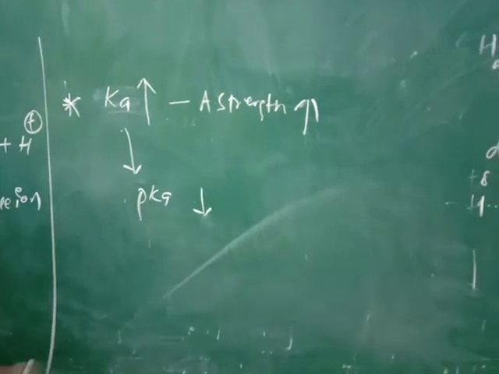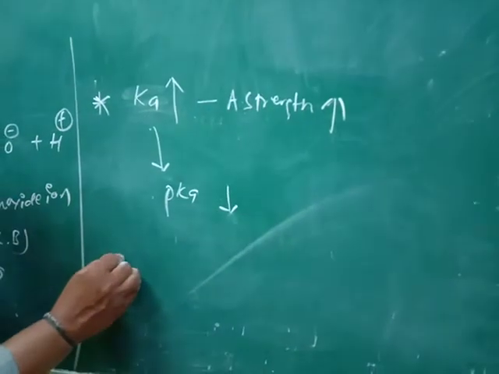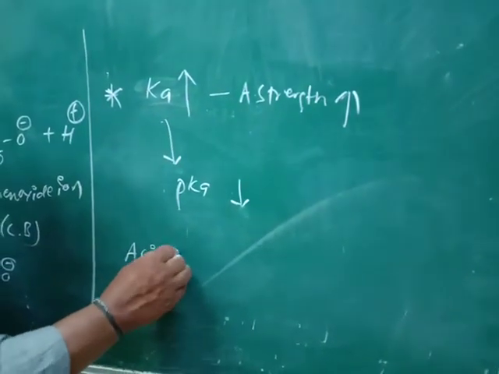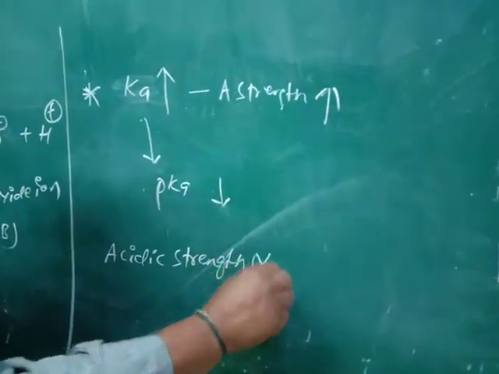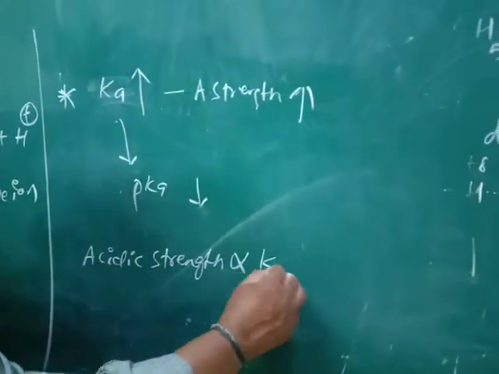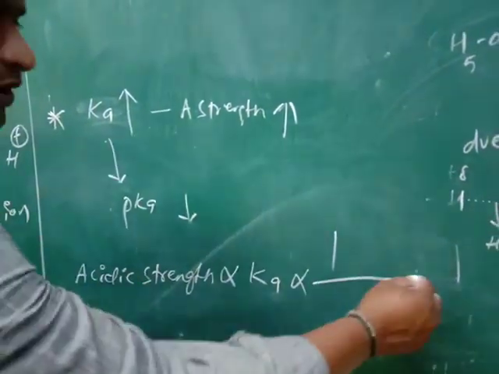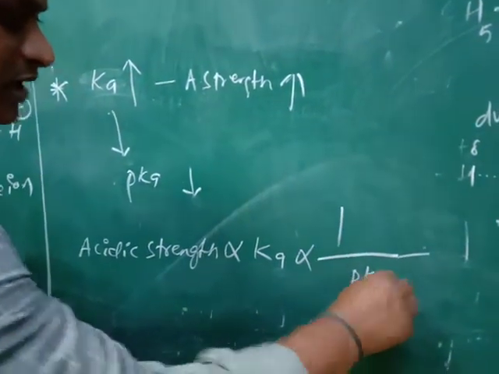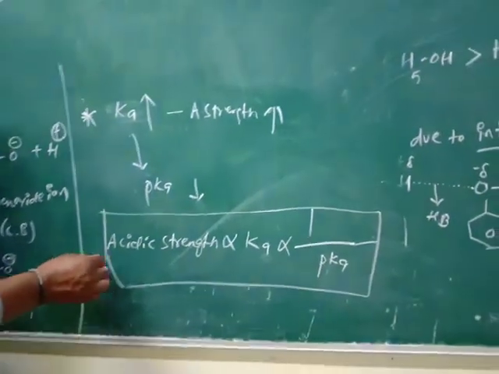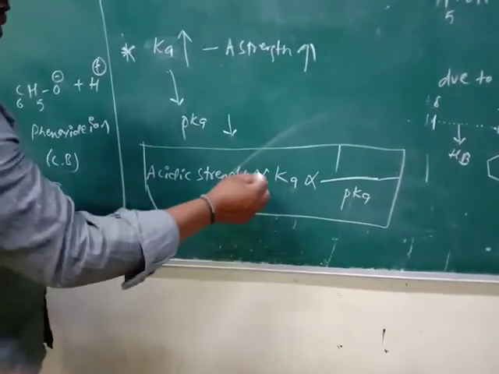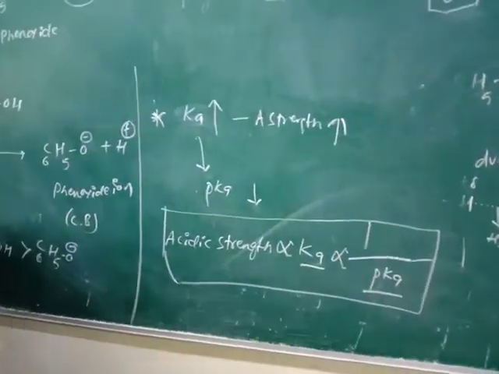So simply, acidic strength is directly proportional to Ka values and inversely proportional to pKa values. The acidic strength of phenols is directly proportional to Ka values and inversely proportional to pKa.